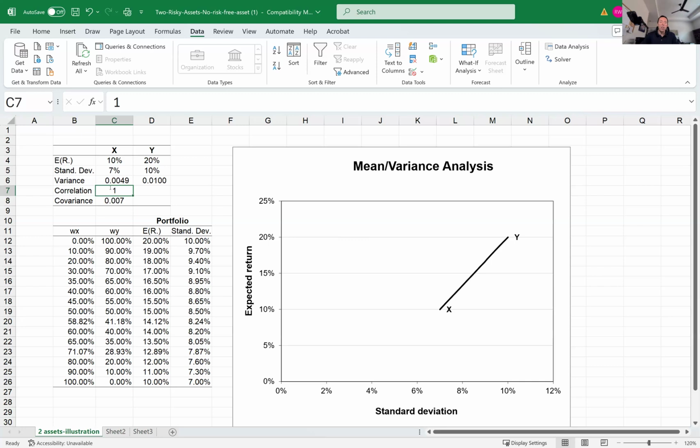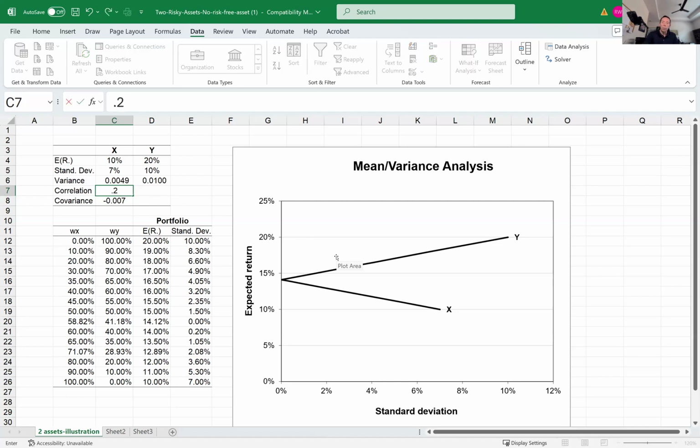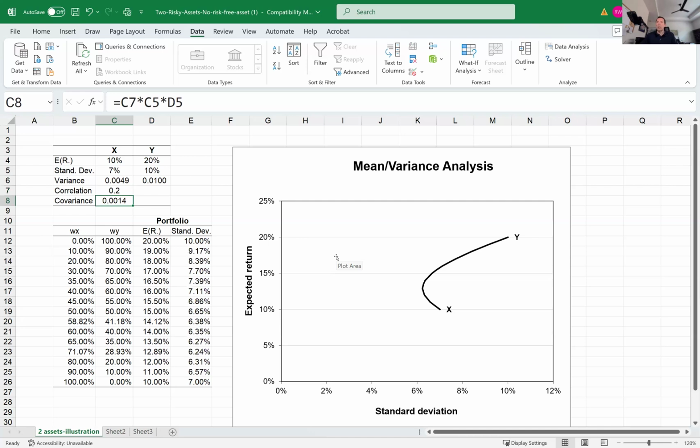When the correlation is -1, it's two straight lines, and there is a combination of X and Y that gives us a zero standard deviation. When the correlation is somewhere between +1 and -1, for example 0.2 here, then I've got this nice hyperbola shape. So play around with this spreadsheet so that you become comfortable with it and understand a little better what goes on when we've got two risky assets.